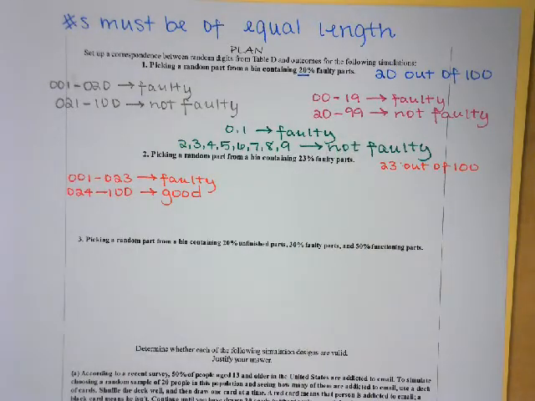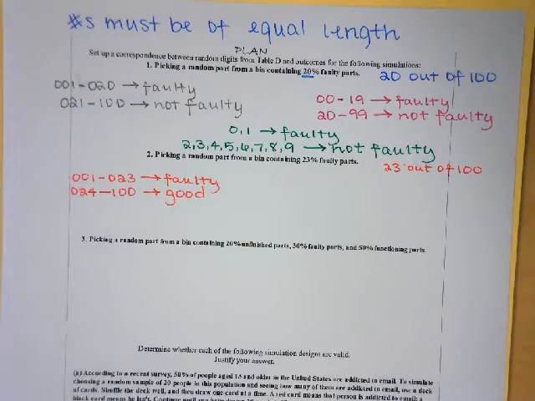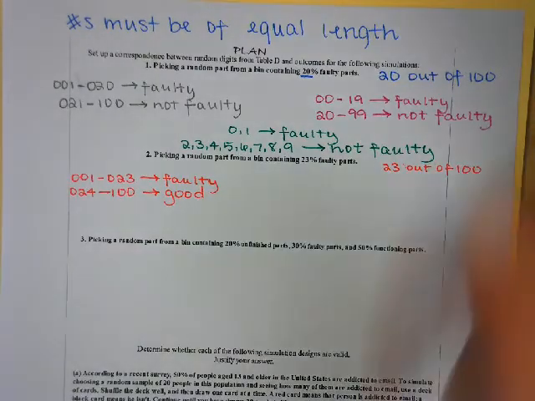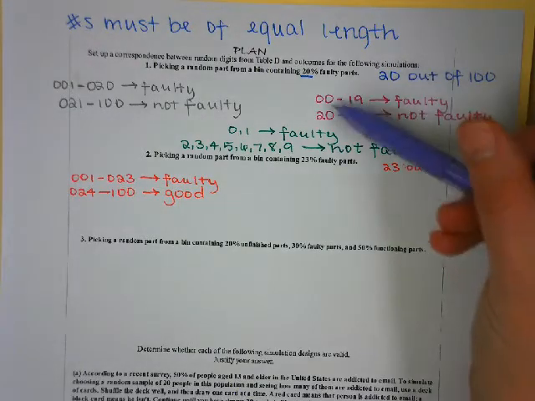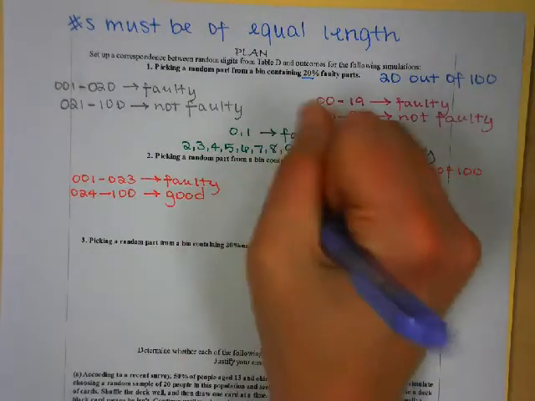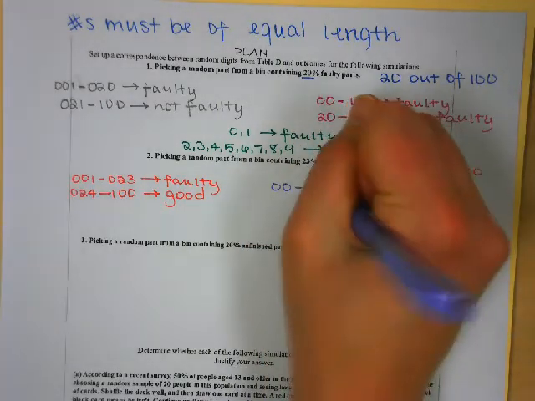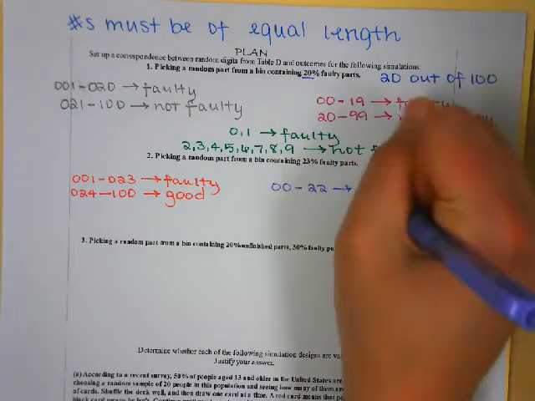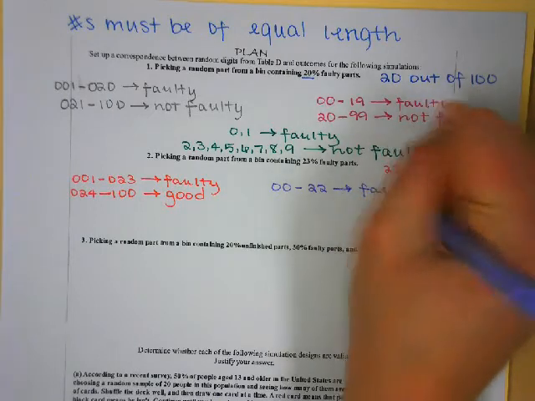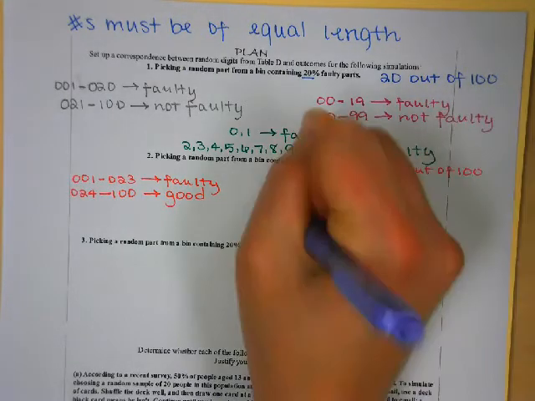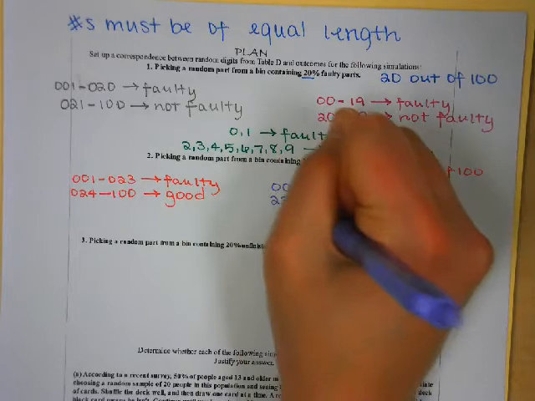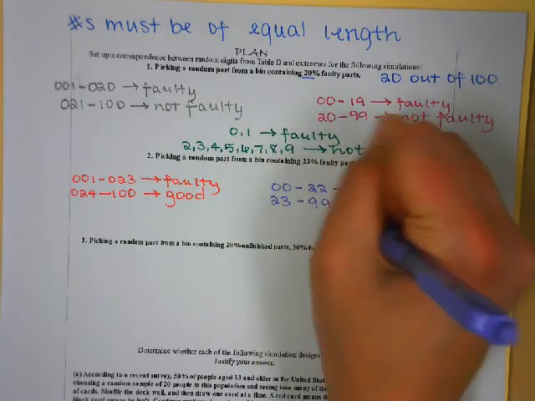If you prefer, you can shorten it so that you only have 2-digit numbers. Just again, be careful about using 00. 00 to 22 would be faulty, and then 23 to 99 would be good parts.